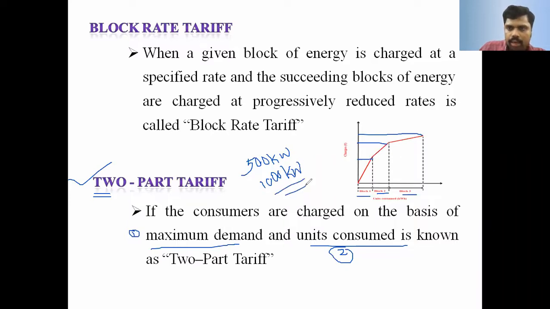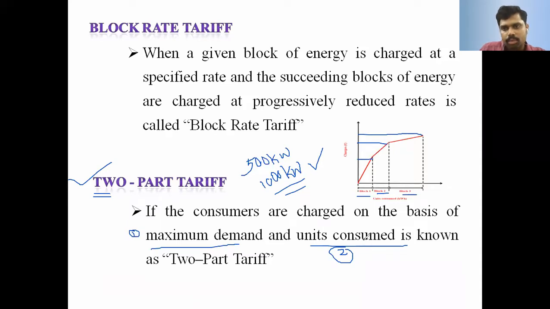Whether they consume or not consume, whether they utilize the power in the particular period, that is the month or 10 days or 15 days or 60 days, they need to pay the maximum demand amount plus the number of units utilized. Here the consumers use either 500 units, 1000, 1500, 3000, 5000 units.